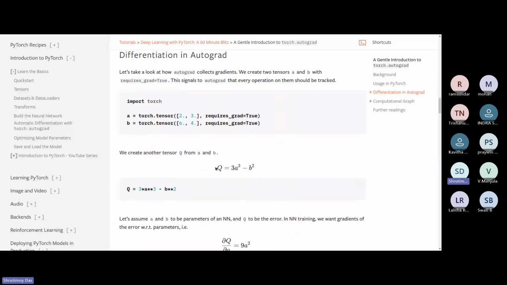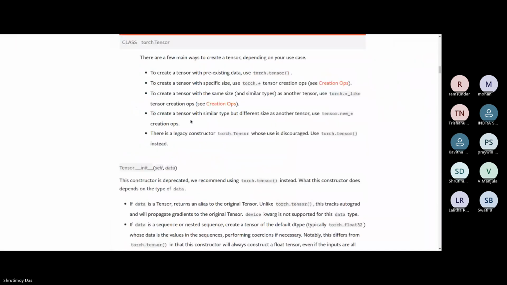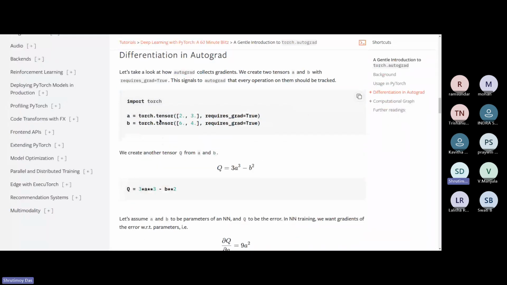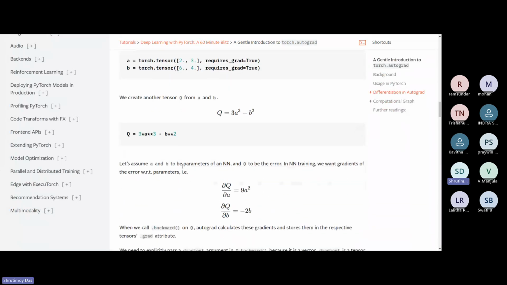Just say you have some function q, and suppose this is your loss function, and this q depends on these variables a and b. Here you define that a and b require gradient. So it will keep in mind that these are my parameters, and you need to compute the backpropagation with respect to these. This is how you define your q.